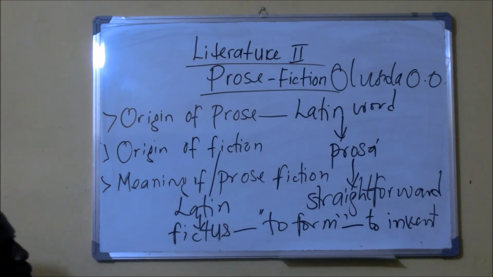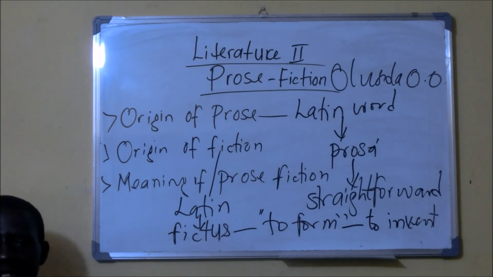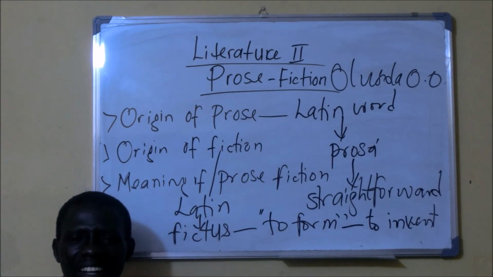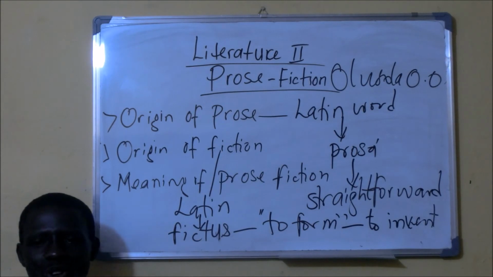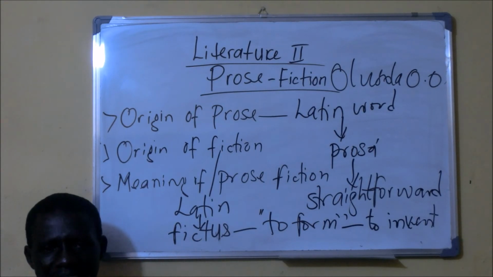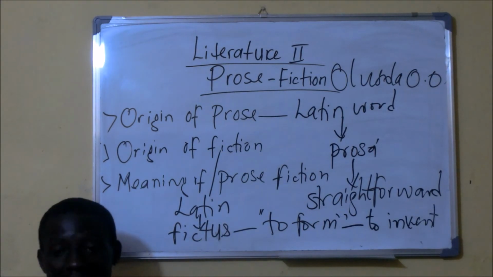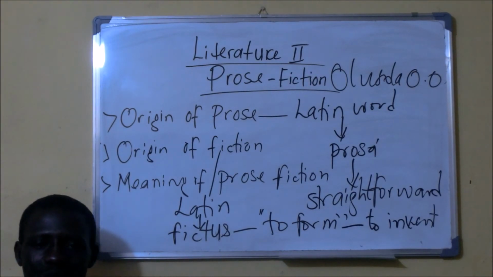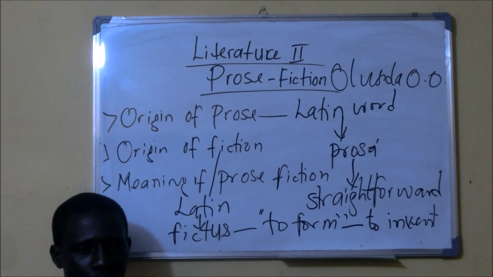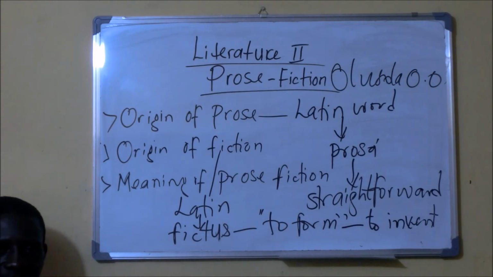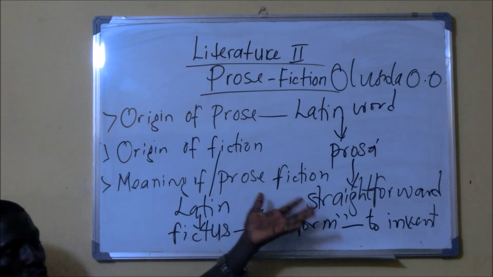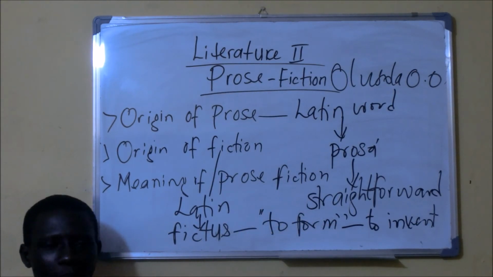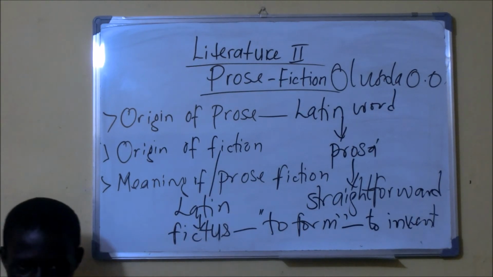So what Olushola O.O. is saying is that prose fiction is a long narrative or long narration that has to do with stories, and this story could be true or untrue. That's what Olushola O.O. is saying about the meaning of prose fiction.